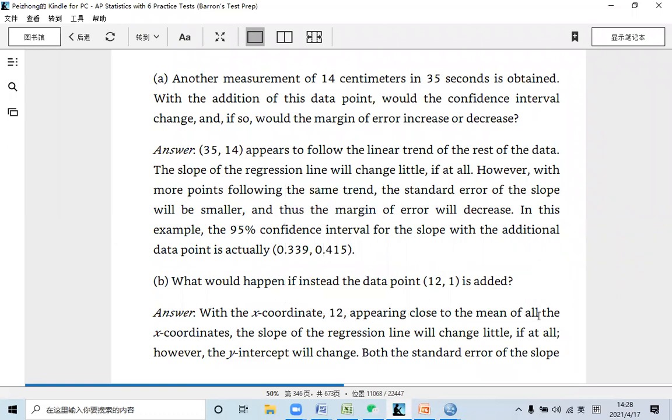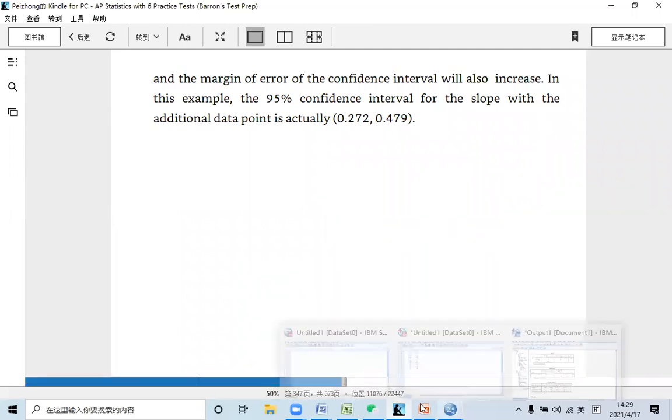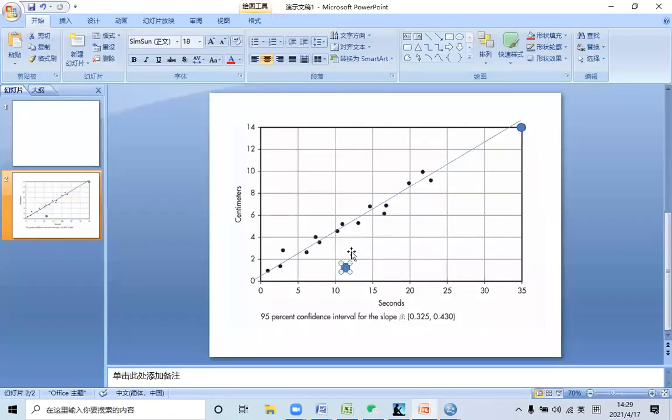12 is close to the mean of all the x coordinates. The slope of the regression will change little. 12 is very much in the middle on the x. X ranges from 1 to like 23, 24.